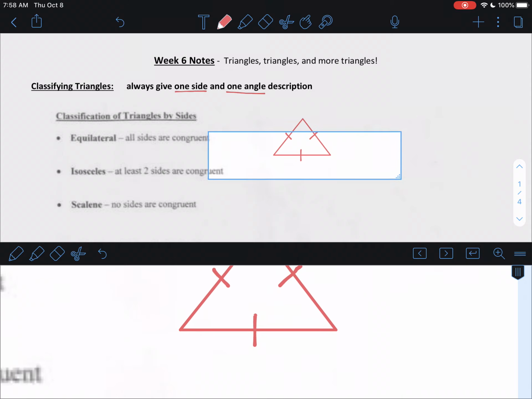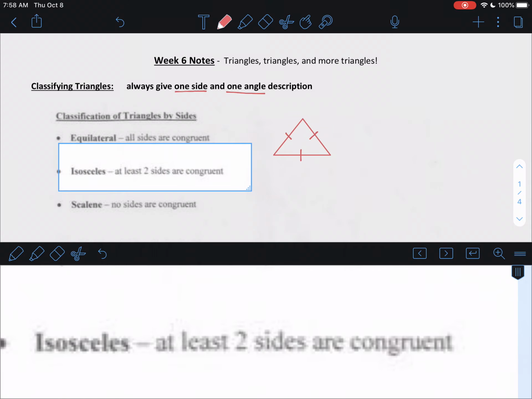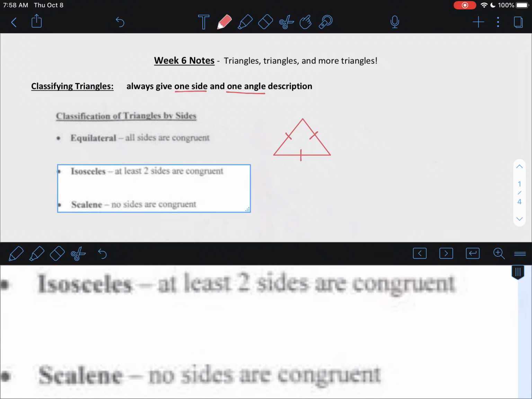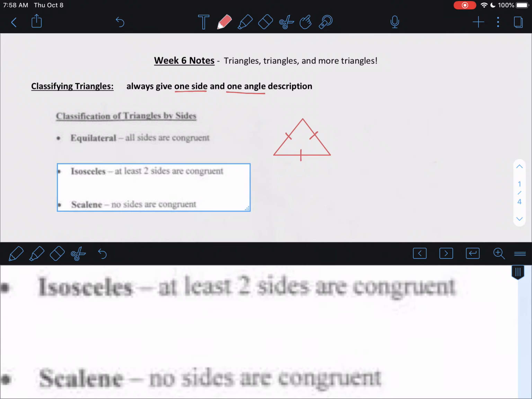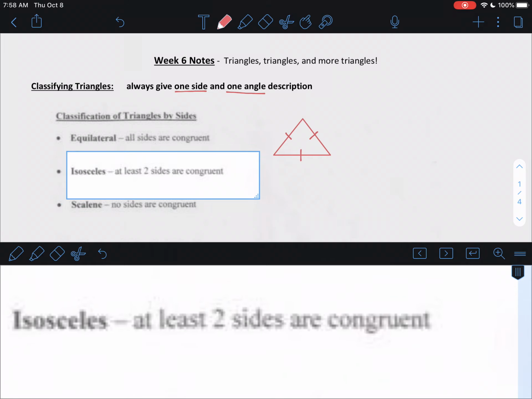The second type of triangle we're going to see is the isosceles triangle. I know this one is hard to spell and hard to remember. The difference between isosceles and scalene always messed me up when I took geometry the first time around. But isosceles means that at least 2 sides are congruent.